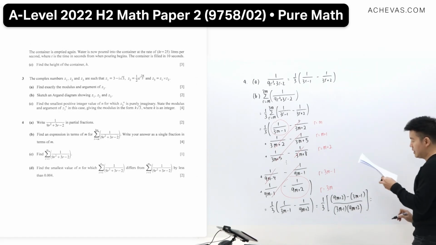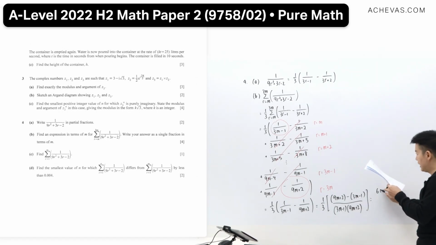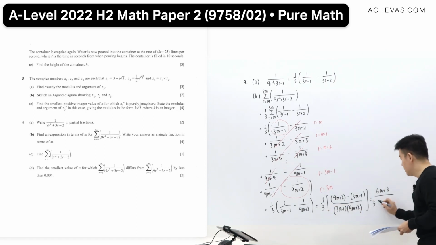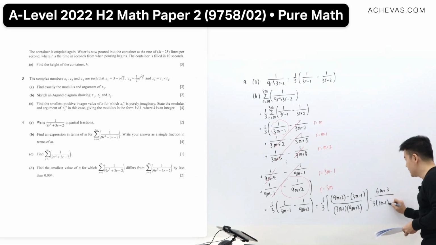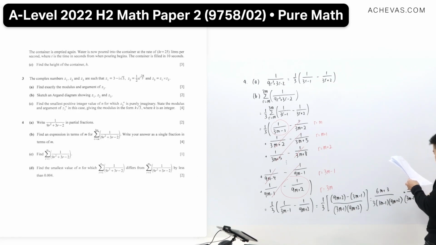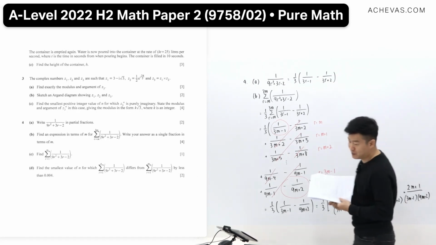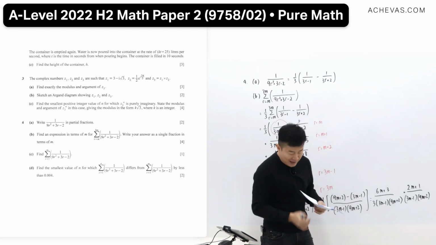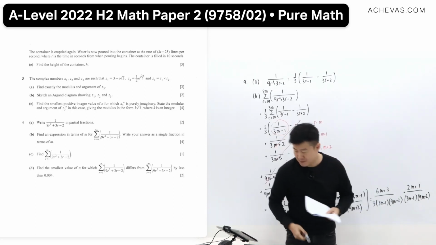And this will lead me to a 6m plus 3 over 3, which is from here, of 3m minus 1, 9m plus 2, which if I were to cancel away the 3 from the numerator and the denominator, my final answer is 2m plus 1 over 3m minus 1 multiplied by 9m plus 2, and I'm running out of space. So that is my answer for part B.